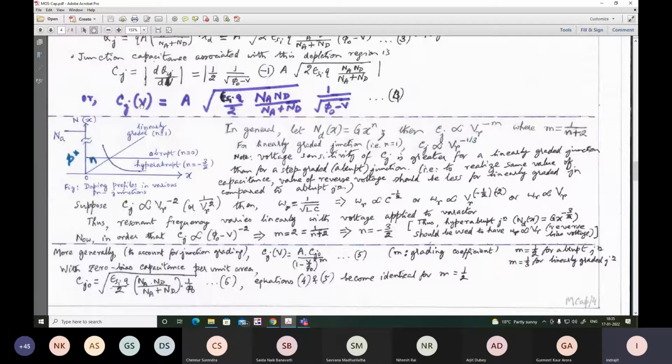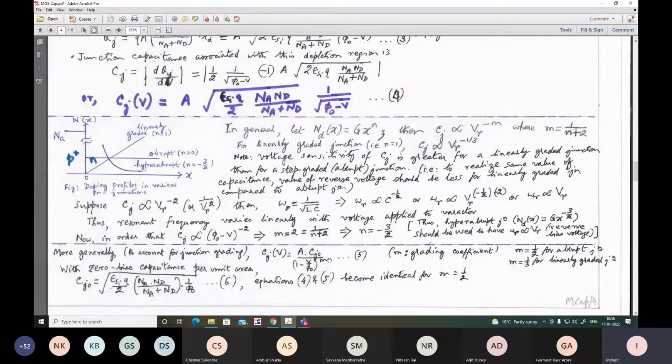More generally, to account for the junction grading, the voltage dependent capacitance may be written in this form. Capital A stands for the cross sectional area. Cj0 is the zero bias junction capacitance divided by 1 plus V by phi 0 to the power m, where m is called the grading coefficient. For example, m equal to 1/2, 0.5, for an abrupt junction, and m equal to 1/3 for a linearly graded junction.